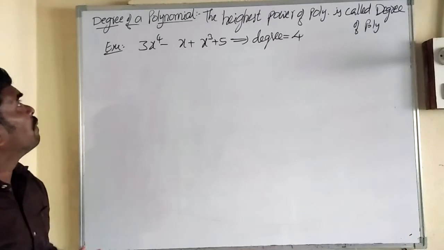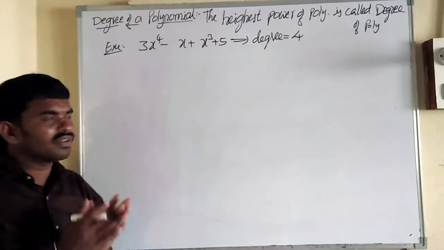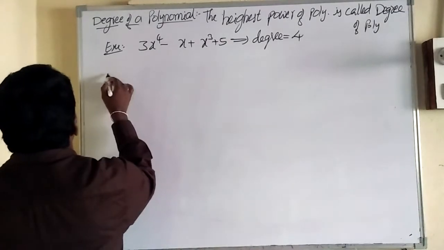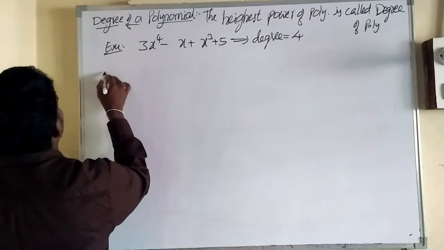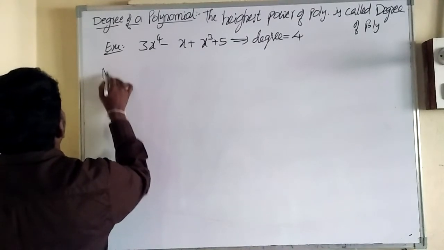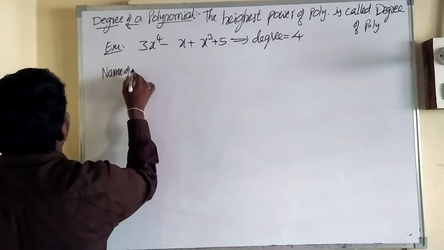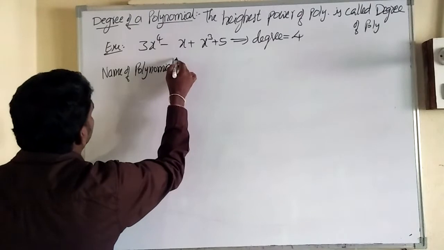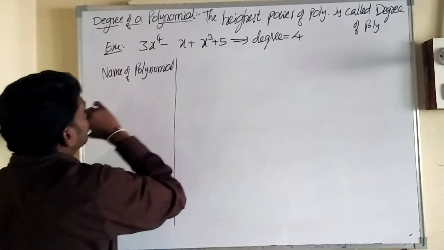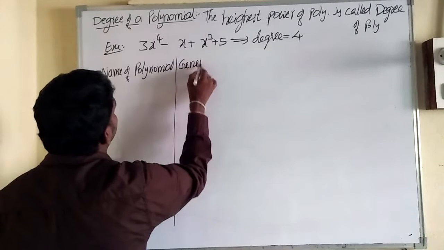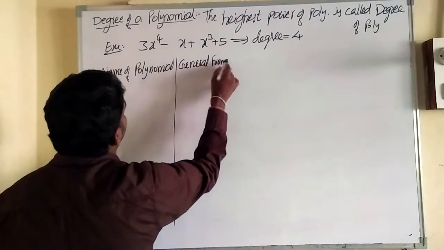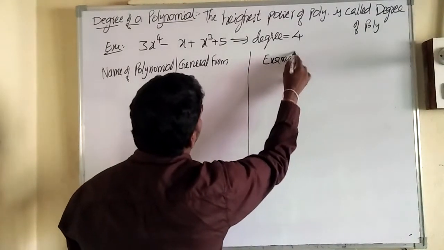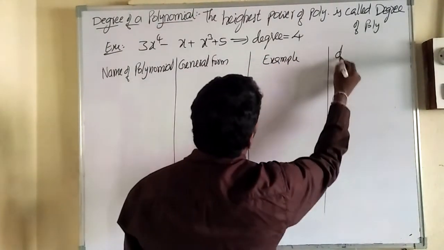Next, based on this degree, we have different types of polynomials. So next: name of the polynomial, general form, example, degree of polynomial.